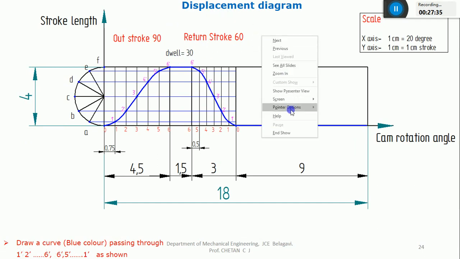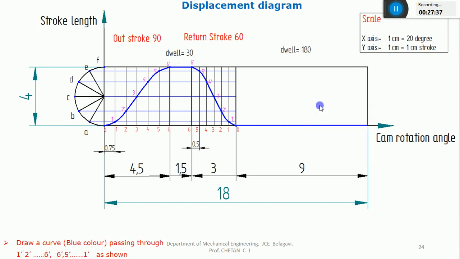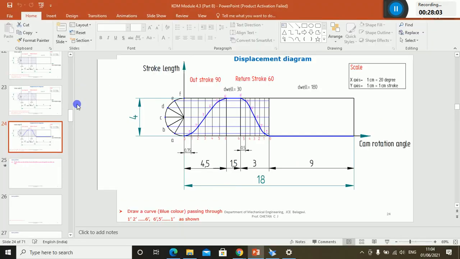Again, from this displacement diagram, with respect to the return stroke angle, I'll copy these distances, that is 6 to 6 dash, 5 to 5 dash, 4 to 4 dash, 3 to 3 dash. So similarly up to 1 to 1 dash. I'll copy all these 6 distances one by one with the help of a compass, and I'll transfer them over the cam profile with respect to the return stroke angle.